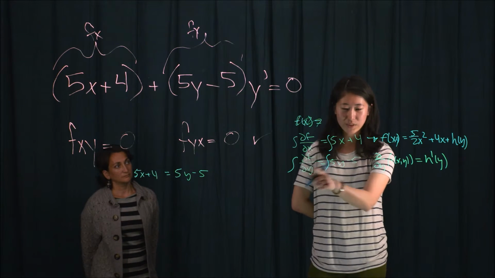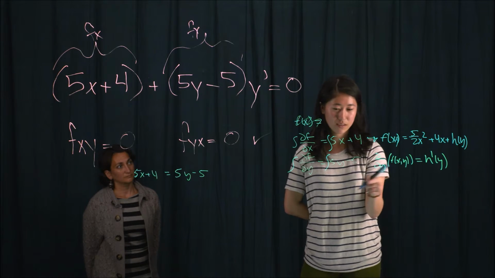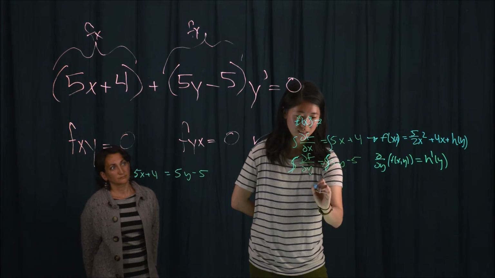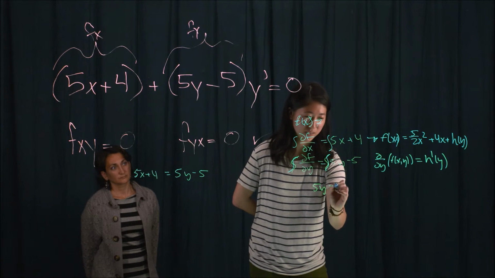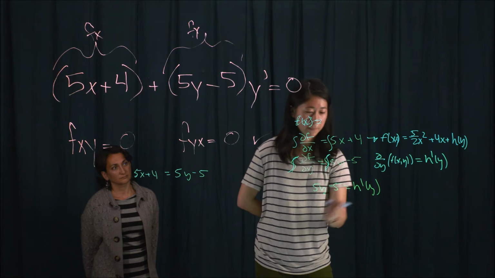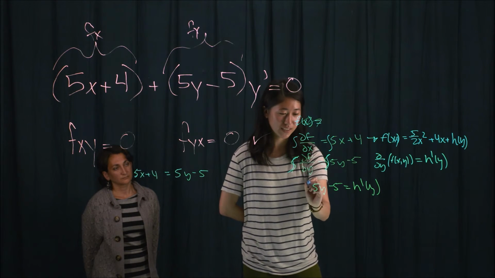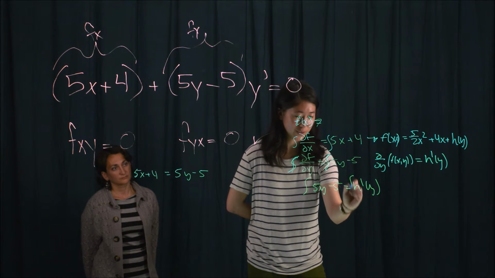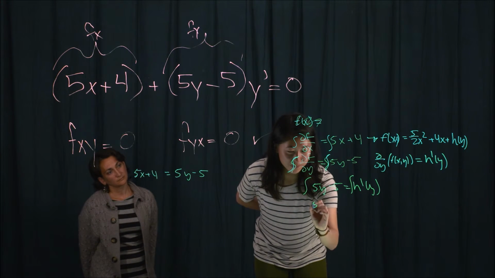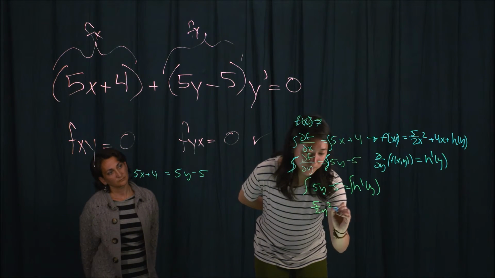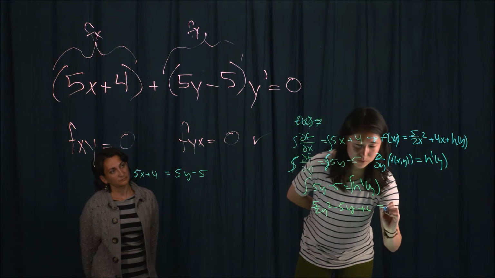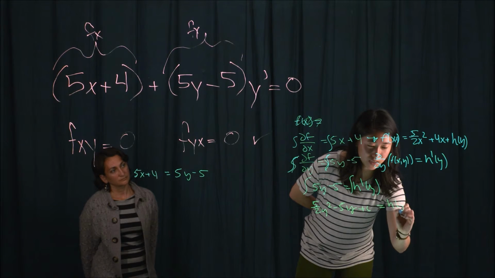Yeah, so we set these two equal to each other, okay, and then so you ignore this, 5y minus 5 equals h prime of y, yes, and then you take the derivative, okay, or integral, so this would be 5 half y squared minus 5y plus c equals h of y.